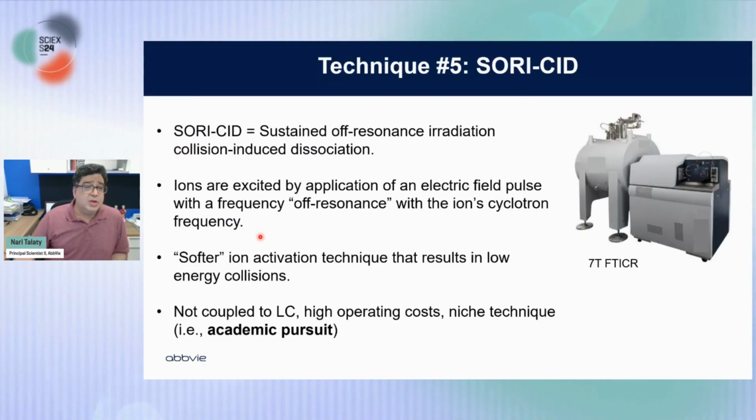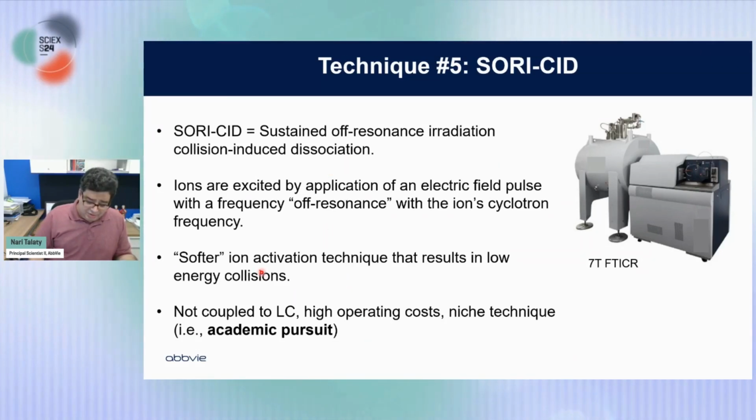So I just want to jump in and throw a different curveball here and talk about a completely different technique. As a classical mass spectrometry group, we also have an FTICR, which was actually purchased for imaging. We are now using the SORI mode, which is the sustained off-resonance CID for the FTICR, to see if that offers any inherent advantages.